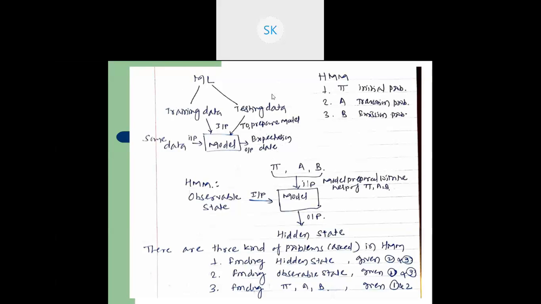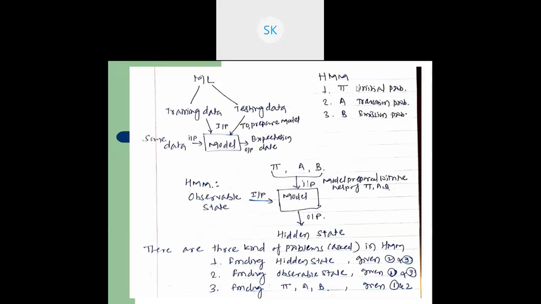So in machine learning, from the huge amount of data available for training, we split it into training and testing, and we utilize it to prepare the model. Then at runtime we take some data, give it to the model, and observe the results from our prepared model.